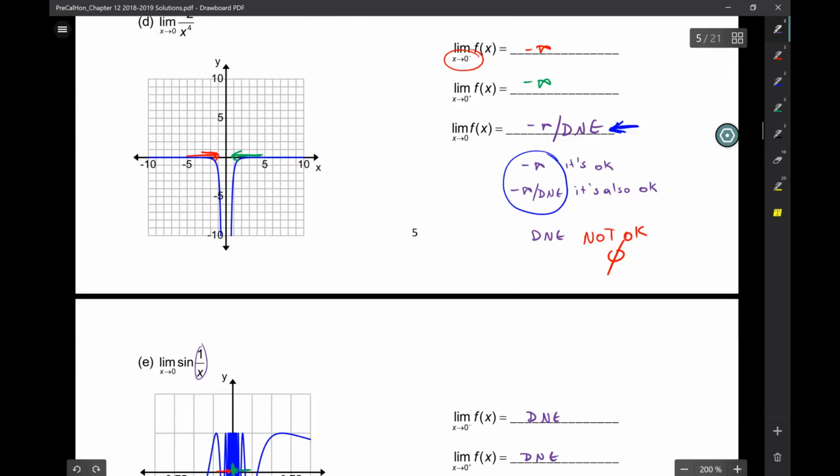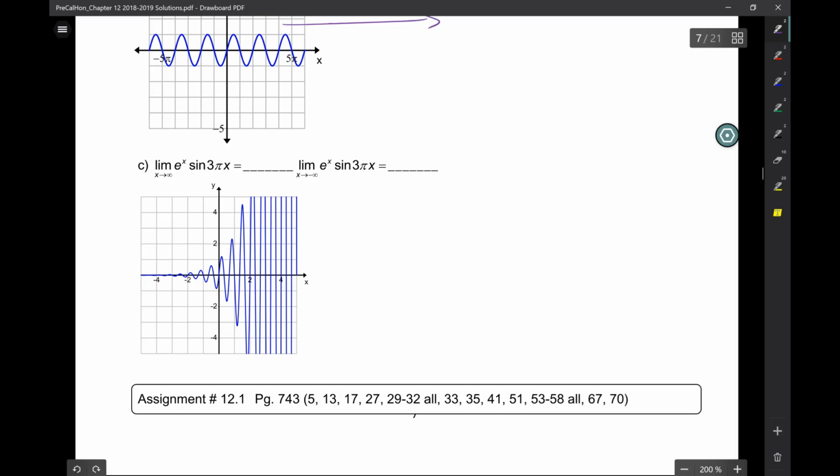Okay, this is this function. I'll talk about that in a minute. As x approaches infinity, here, what's happening? What do we think? It's oscillating, so it's DNE. And as I approach negative infinity, 0.